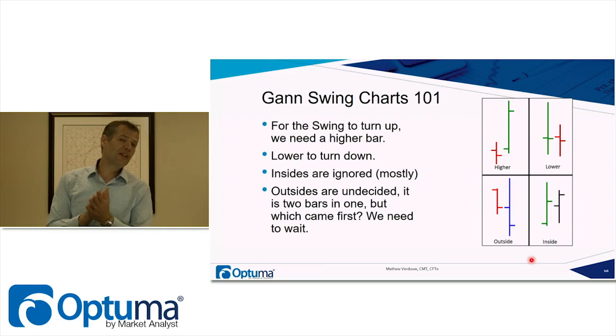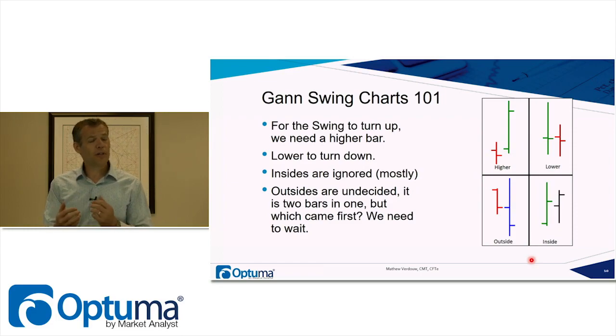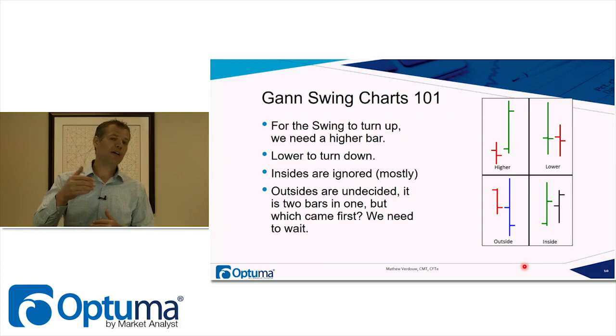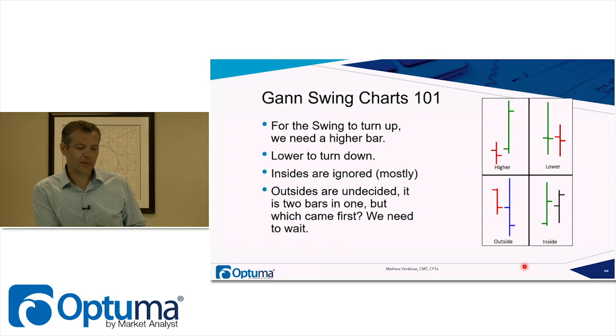Now, another way that some people look at this is just to look at the relationship of the open and the close of the outside bar. I think in Optima we call it the outside bar method, rather than the next bar method. We look at this and say, all right, the close is lower than the open, so we assume that it went high first and then went down. If it was the other way around, the close was higher, we assume that it went down first and then went higher.